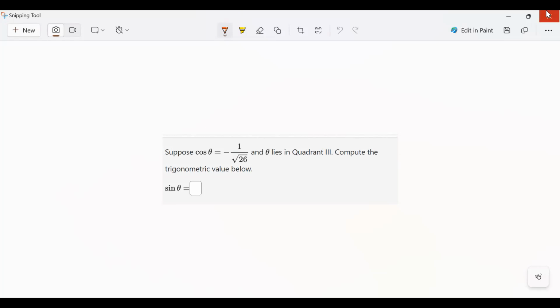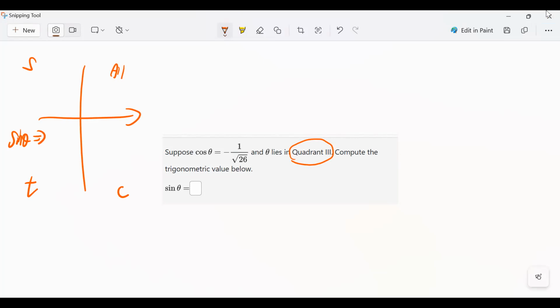Okay, let's go over the solution. First of all, it's located in the third quadrant. So both sine and cosine are negative. Sine negative, cosine theta negative. So the answer must be negative. And again, we're using the Pythagorean identity: sine theta squared plus cosine theta squared equals 1. And we're solving for sine theta.